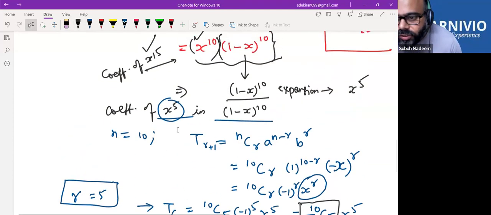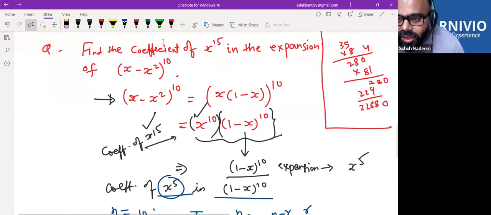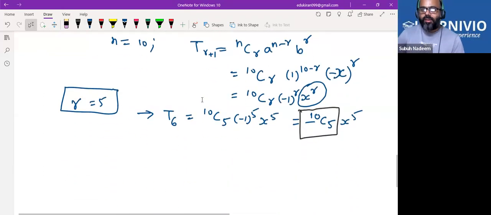This coefficient, minus 10C5, is the coefficient of x to the power 15 in the expansion of this. So this will be your answer.